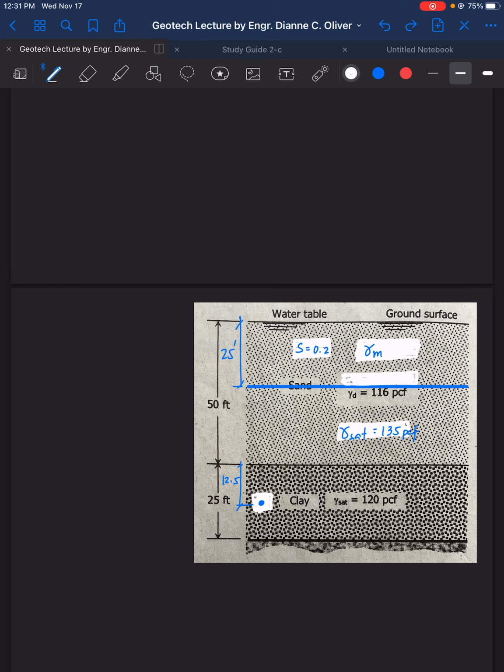To solve for this one, gamma D is equal to G over 1 plus E gamma of water, given gamma D 116.